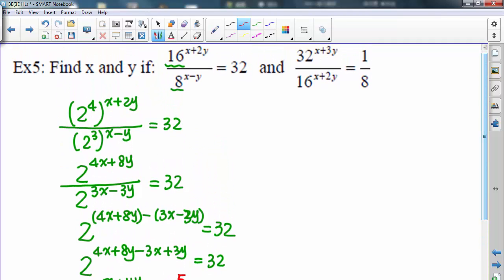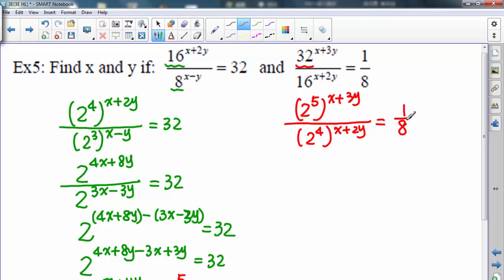I will work on the second one in exactly the same way. So 32 is 2 to the power 5, raised by x plus 3y, divided by 16, which is 2 to the power 4 raised by x plus 2y, equals 1/8. I will multiply the exponents and subtract them.